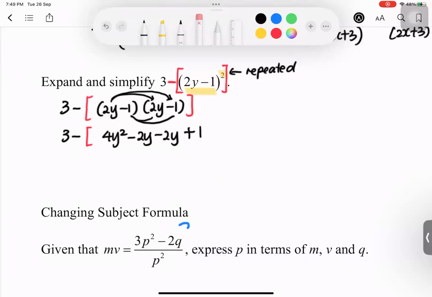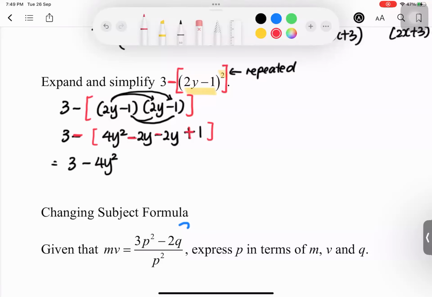Now what happens if I never put a bracket? If I never put the bracket, all the signs here will stay the same. But if I were to put a bracket, what do I need to do in the next step? I need to multiply the sign to all the terms inside here. The next step, I need to change sign.